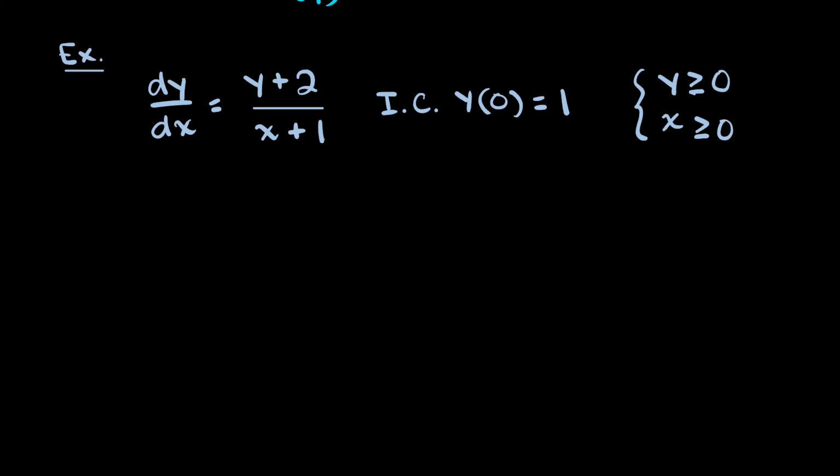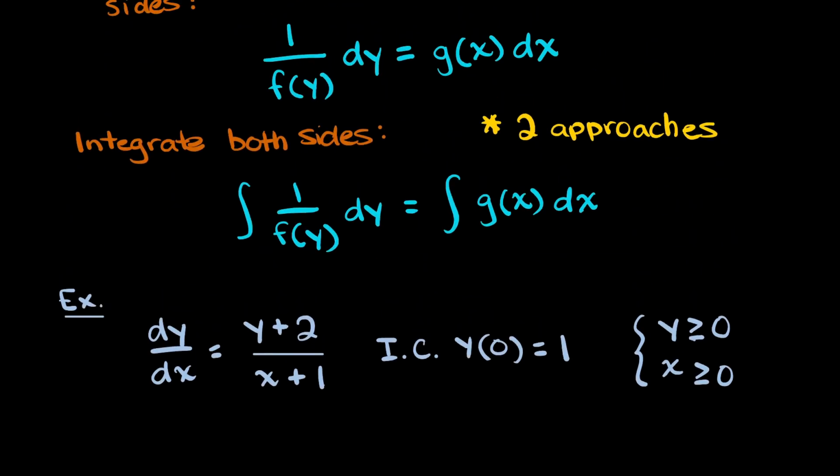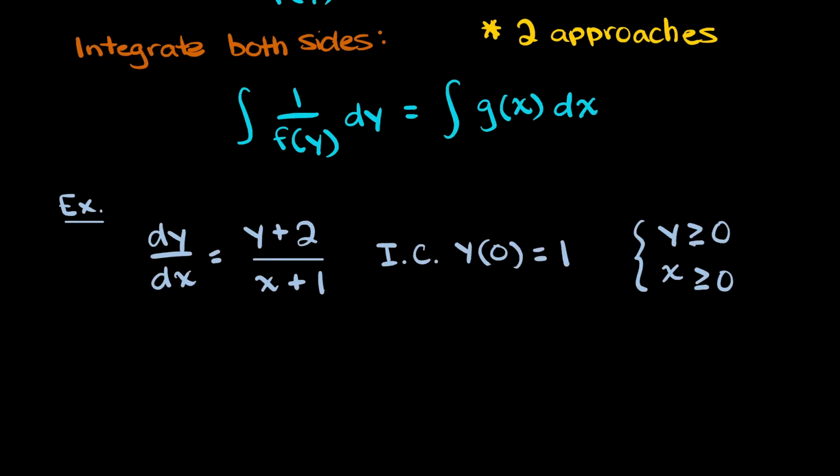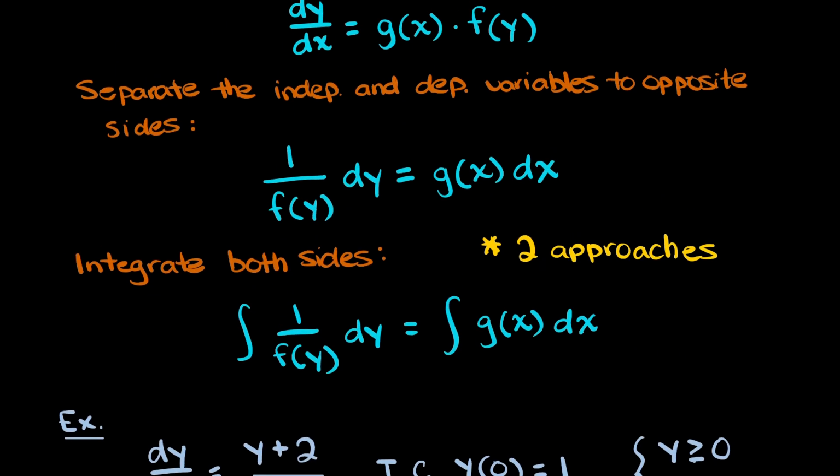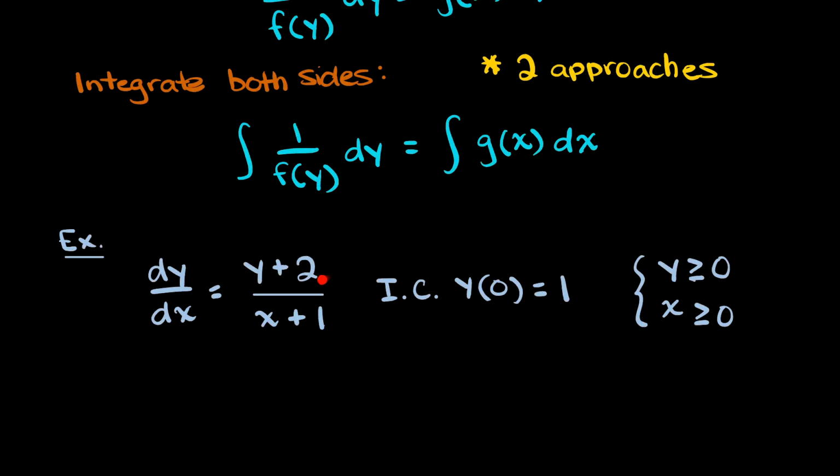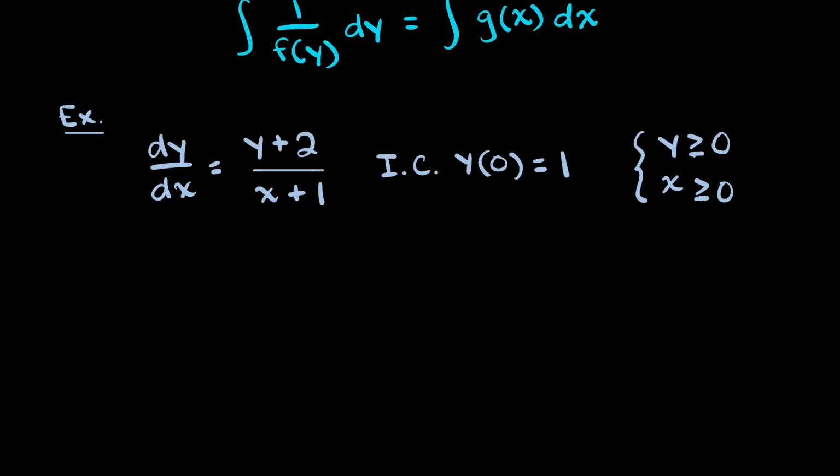Now, when we look at this example compared to the general form, we see that the g of x could be considered 1 over (x plus 1), and the f of y could be considered y plus 2. And that's now a product of these two.